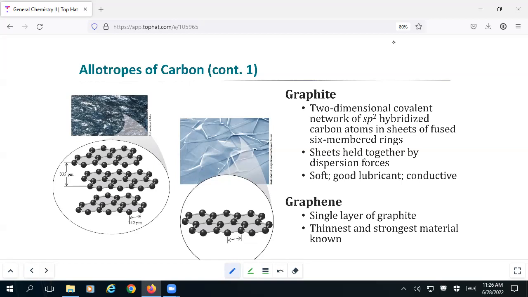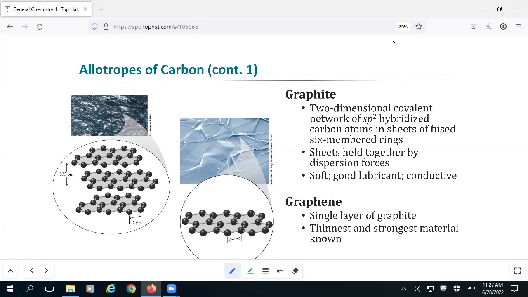What that does is it gives graphite its slippery feel, because those graphite planes can just slide over each other. And in sliding over each other, that's why graphite is able to be used as a pencil. You're basically just smearing it onto your paper because it's relatively soft as a solid.